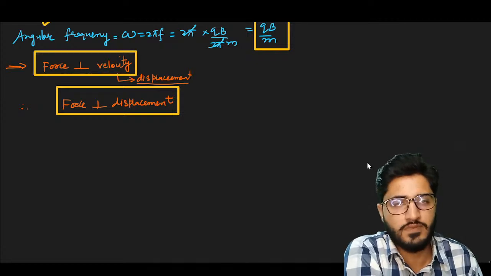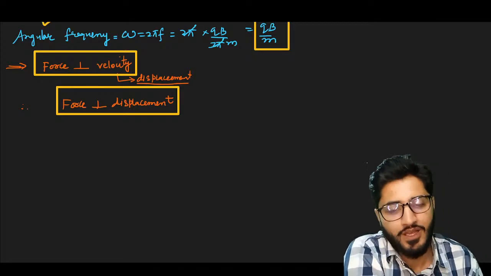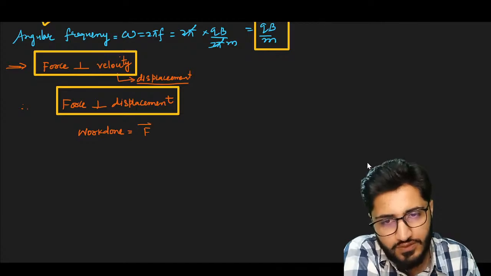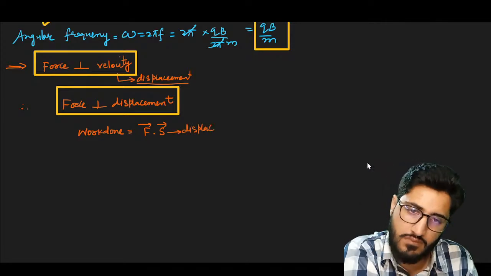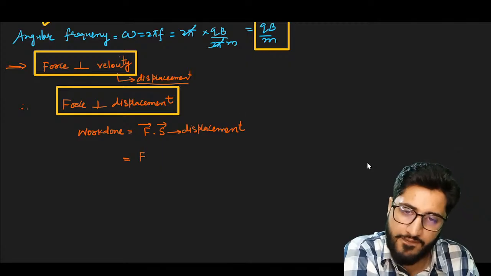Done? Okay, so what is the usage of this particular point? Look, beta, what is work done? Work done is equal to force dot displacement, or you can write it is F S cos theta.